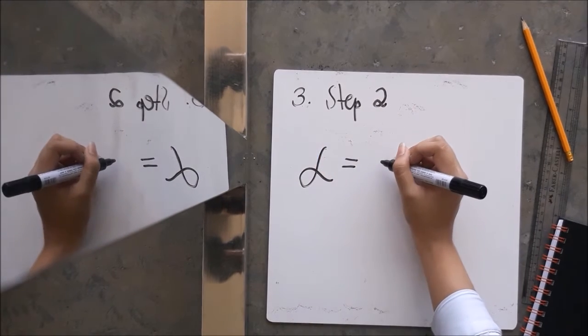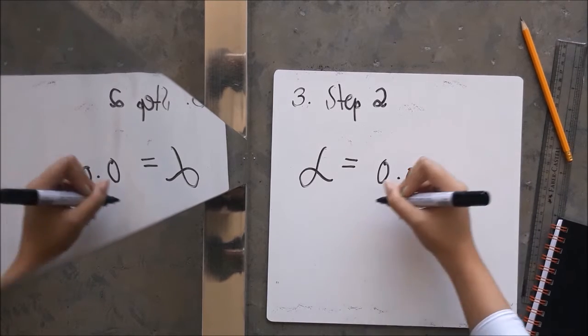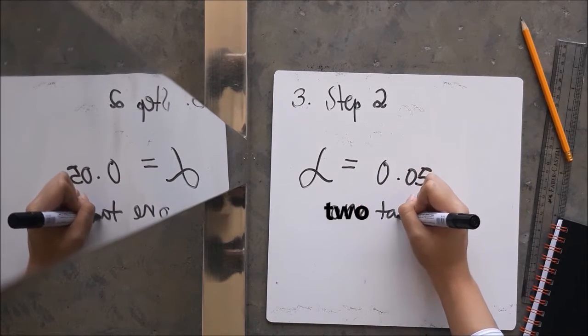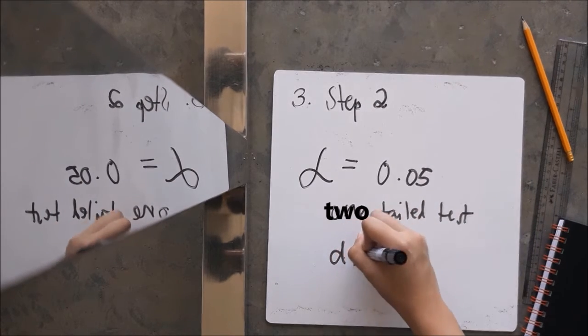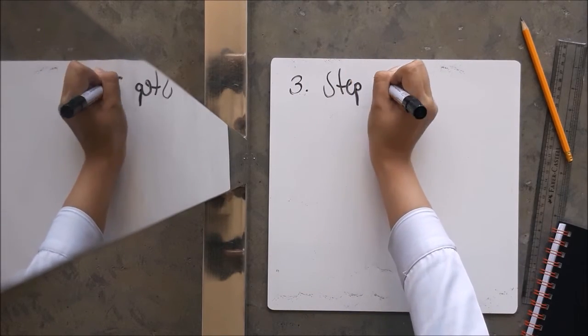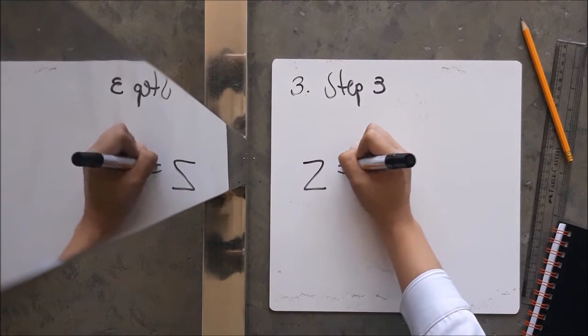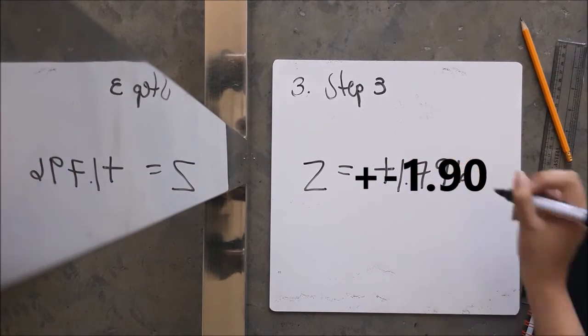The alpha is equal to 0.05 and it is a two-tailed test. And the DF is 11. Step 3 is to define the critical t value. t is equal to plus or minus 1.90.